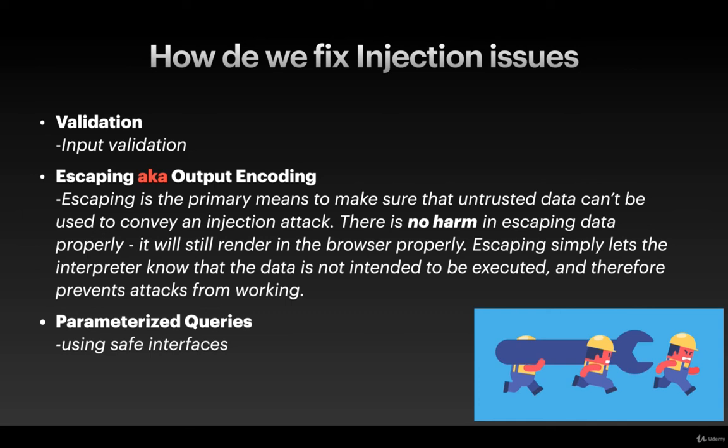There is no harm in escaping data properly; it will still render in the browser properly. What does escaping mean? It simply tells the interpreter that the data is not intended to be executed. It can be reflected but not executed. Therefore, it will prevent attacks from working.